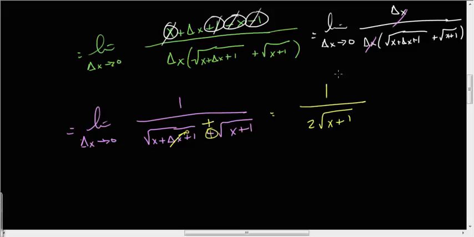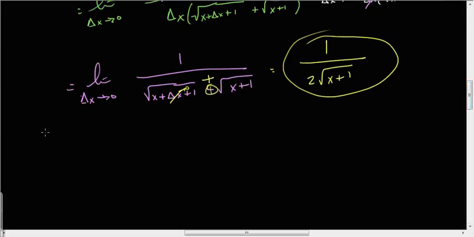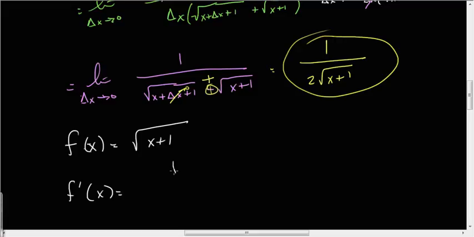That is the derivative. And so we can say that when f of x is equal to the square root of x plus 1, the derivative, f prime of x, is equal to 1 over 2 root x plus 1.